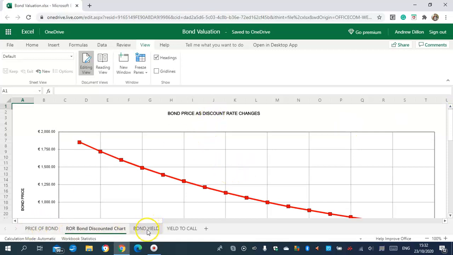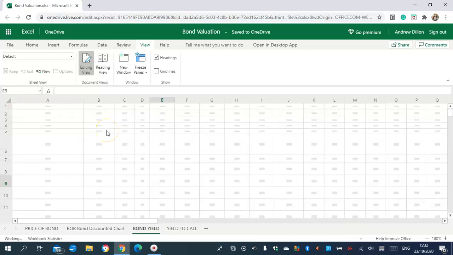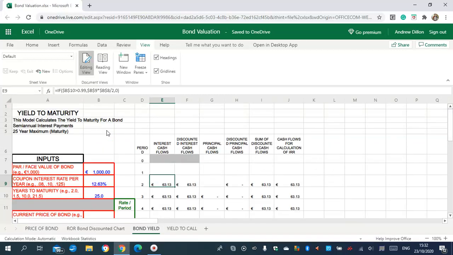So next thing I need to do is go to the bond yield sheet. But again, same as the last one, I didn't calculate these headings.